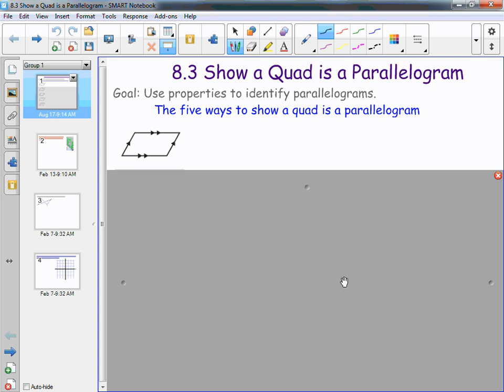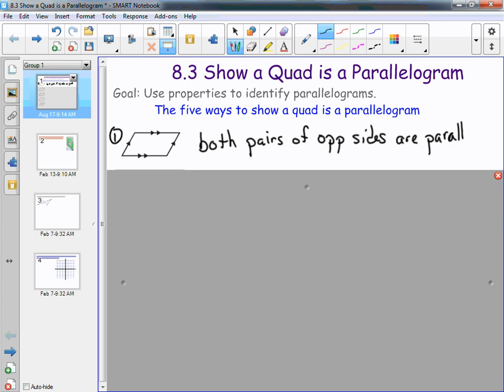Number 1. As you can see by the markings here, if we can show that both pairs of opposite sides are parallel, you can show that a quadrilateral is a parallelogram.